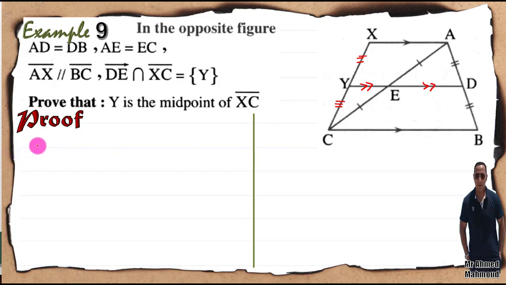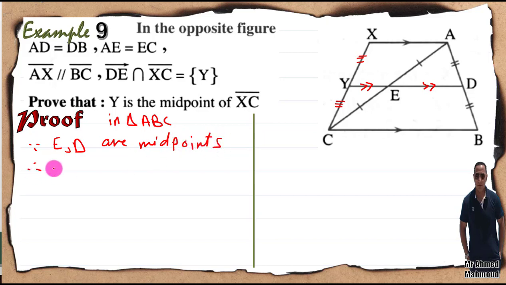So I'm going to start, I have to write the triangle first. In triangle ABC, since E and D are midpoints, therefore ED parallel to BC, therefore EY parallel to BC.